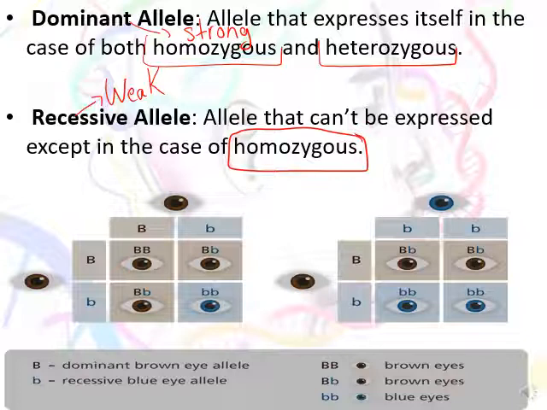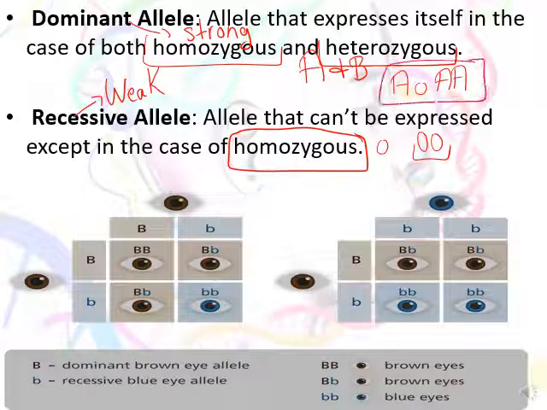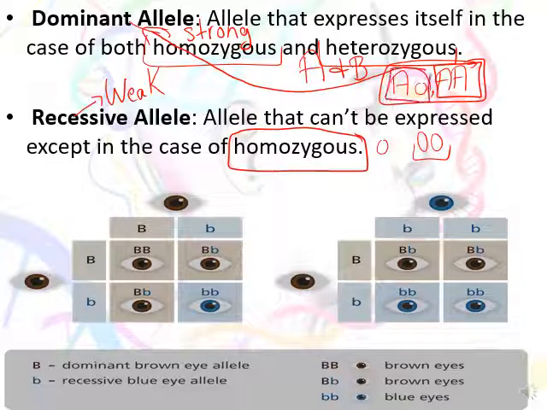For example, if we talk about the blood groups, the dominant alleles are A and B, while the recessive is O. So O cannot be expressed unless we have two O alleles, so we have OO. If we have A and O, the blood group is A. Or if we have A and A, it's also blood group A. In these cases, the dominant allele is expressed in the case of homozygous or in the case of heterozygous.